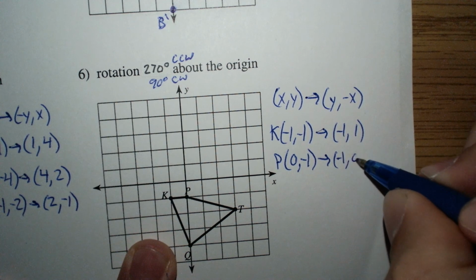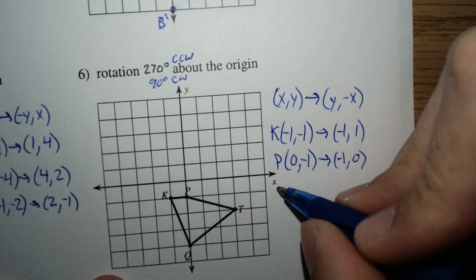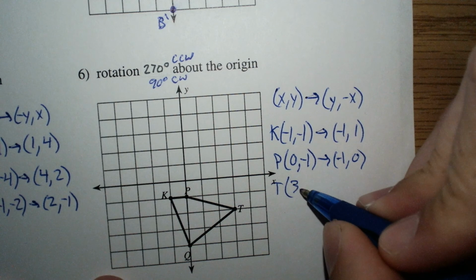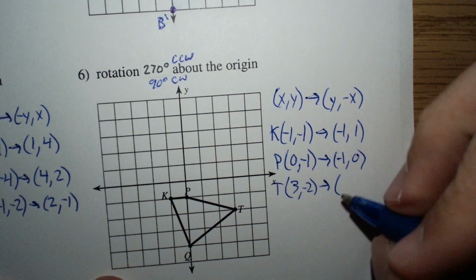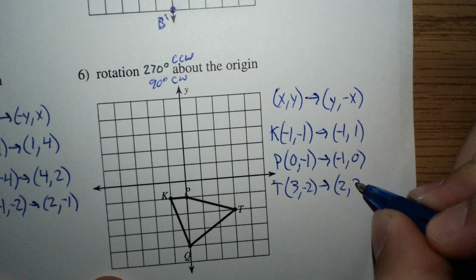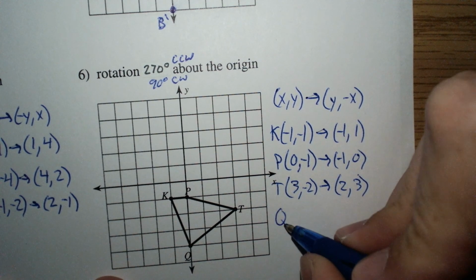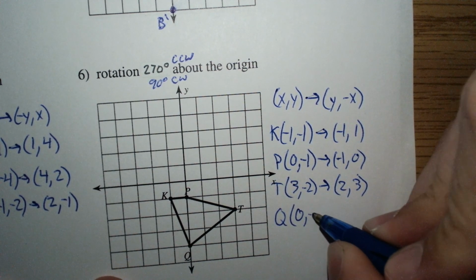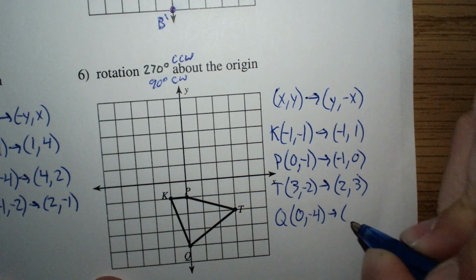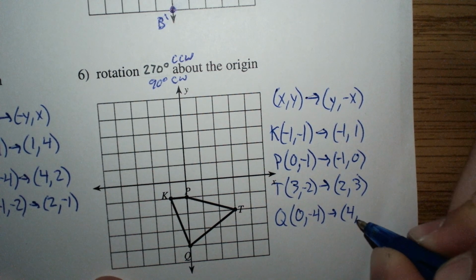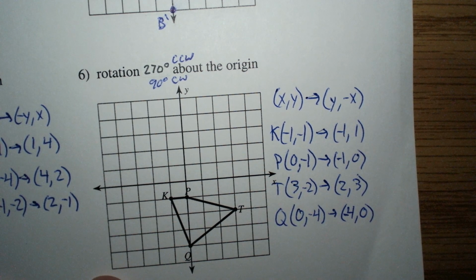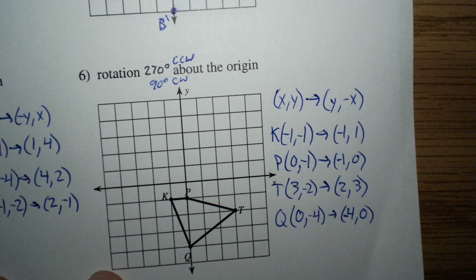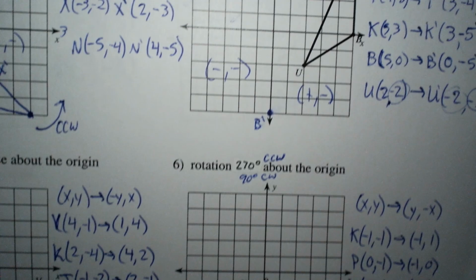We're going that direction. And then T is at 3, negative 2. So our y is going to change. Our x stays the same. And Q is 0, negative 4. Our y stays the same, and our x changes. So those should be your new coordinates for that.